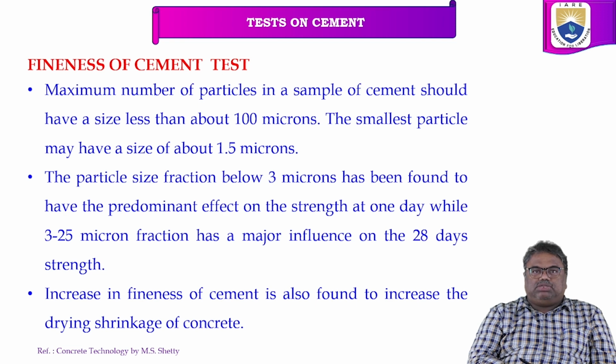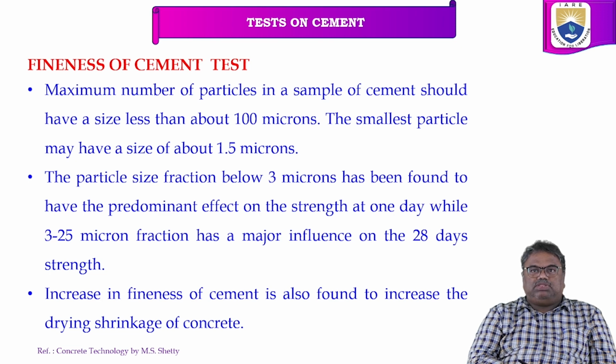The particle size fraction below 3 microns has been found to have a predominant effect on strength at 1 day, while the 3 to 25 micron fraction has the major influence on 28-day strength.